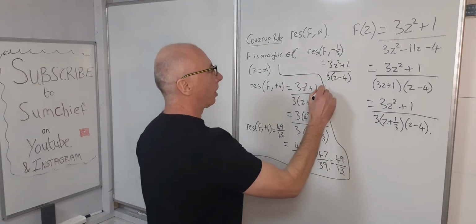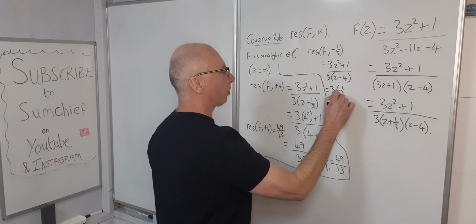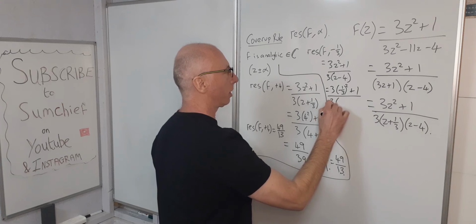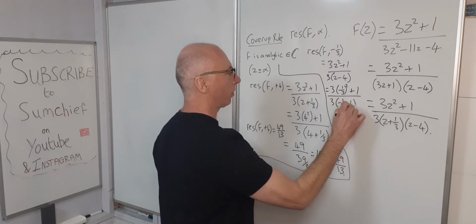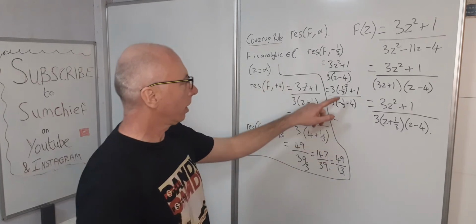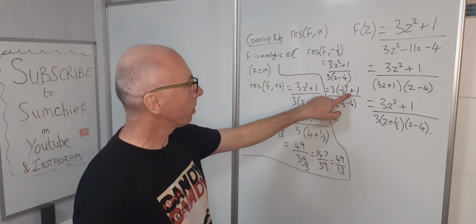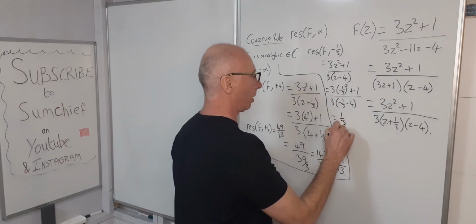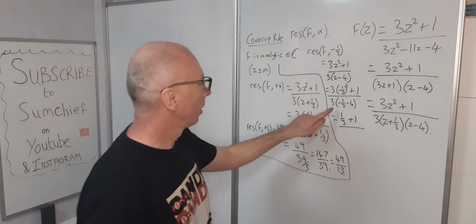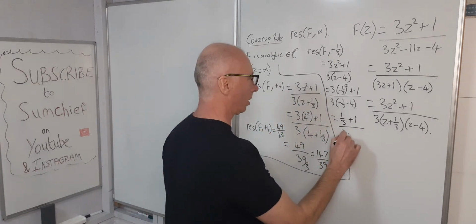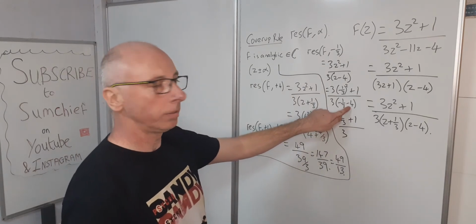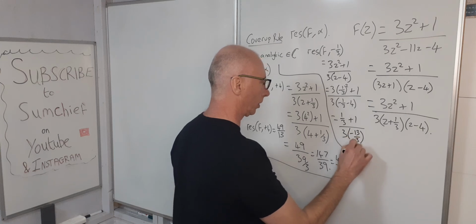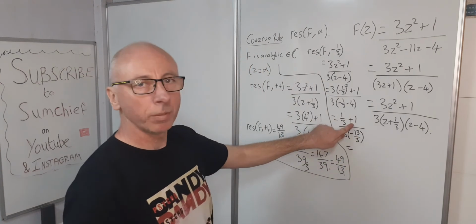So for minus a third: 3 times minus 1/3 squared plus 1 over 3 times minus 1/3 minus 4. Okay, minus a third squared is 1/9, times 3 is a third. So that's a third plus 1 over 3 times minus a third minus 4. So that's minus 13 over 3. Okay, a third plus 1 is 4 over 3.